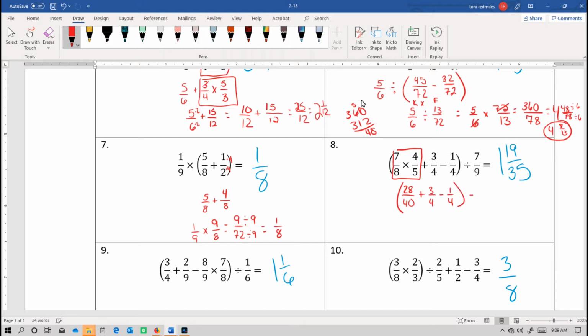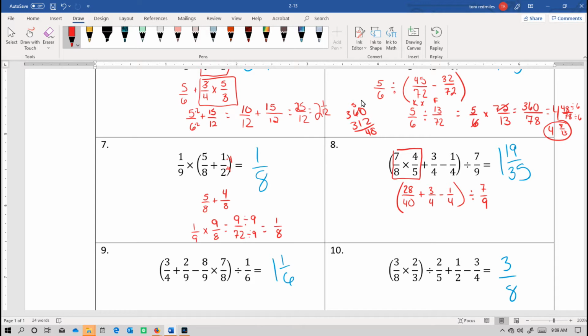Now, since the rest of what's in there is all adding and subtracting, I can go ahead and find one common denominator for all three. Now I could go ahead and multiply the 4s by 10 and do 40.